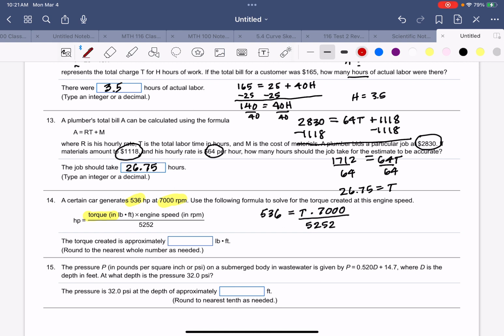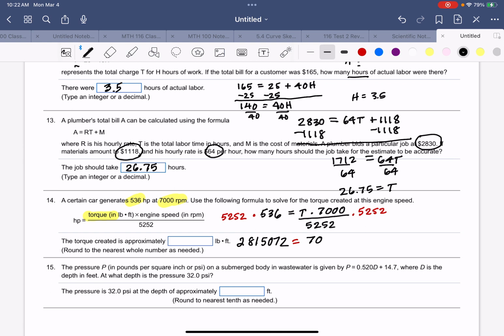So the best thing to do here would be to go ahead and clear out this division, 5252, by multiplying it on both sides. Then we get 5252 times 536 is 2,815,072.